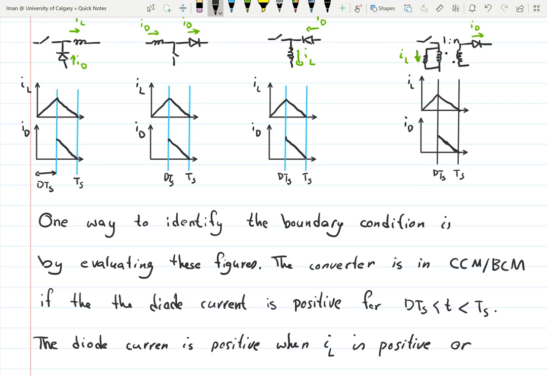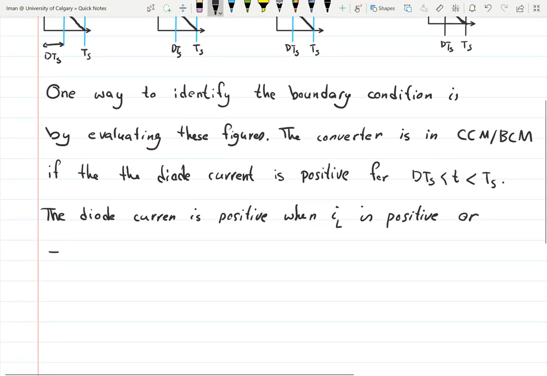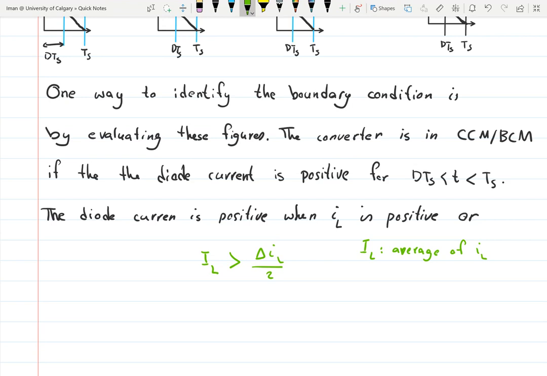To write it mathematically, IL, which is the average of the inductor current, has to be greater than delta IL divided by 2, where IL is the average of IL(t), and delta IL is the peak-to-peak current ripple of IL(t).